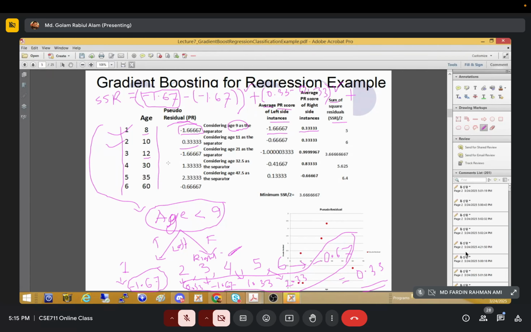Then the third one is negative 1.67, minus the prediction, which is 0.33, then the square of that, plus.